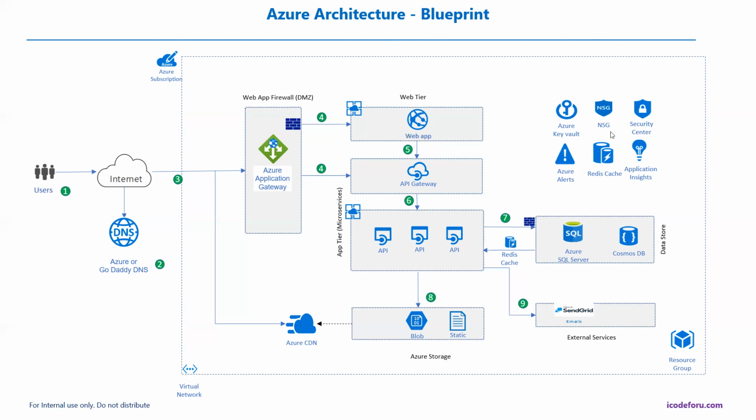I listed some of the services, not every service used throughout the reference architecture, but hopefully some of these are helpful for understanding what the Azure high-level architecture looks like.